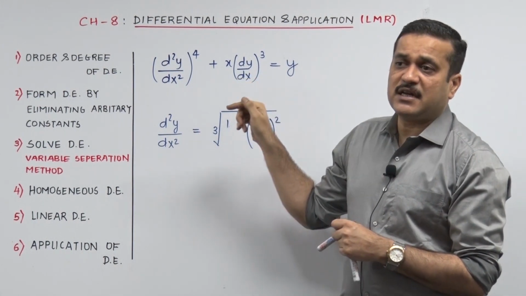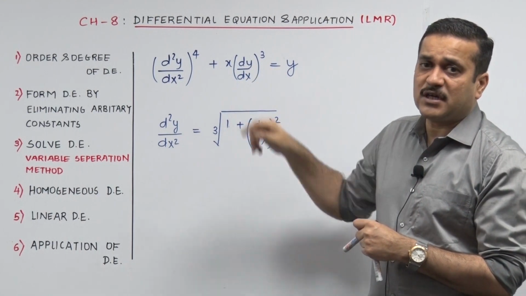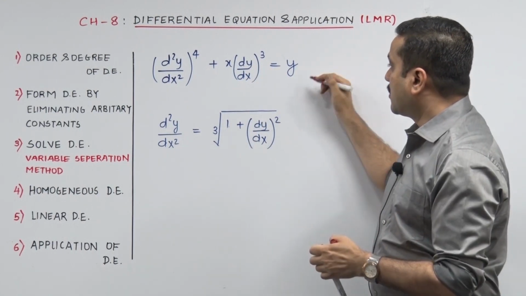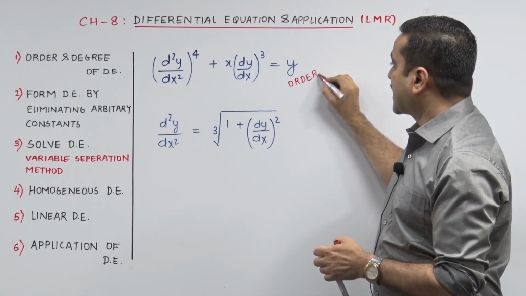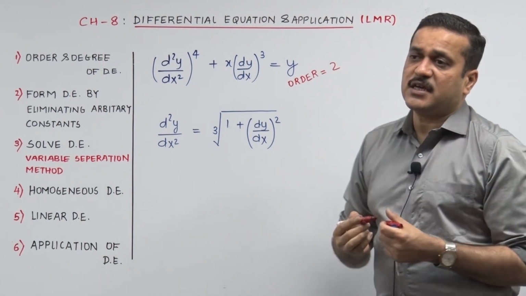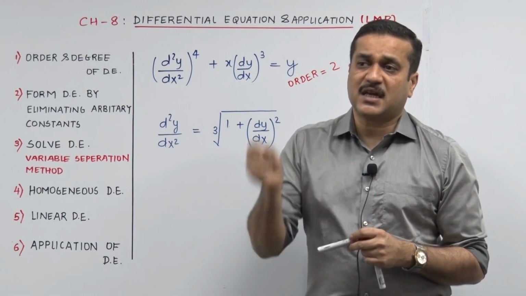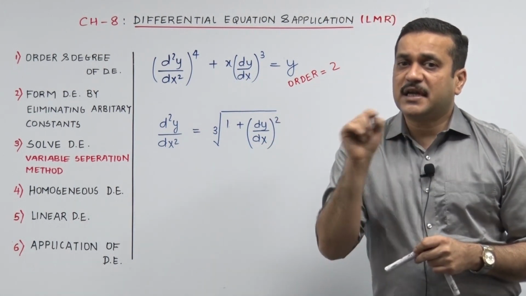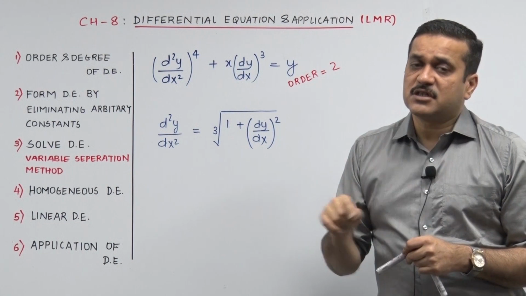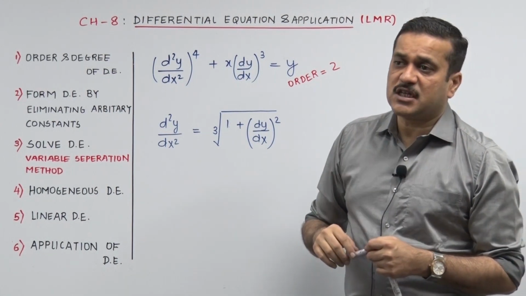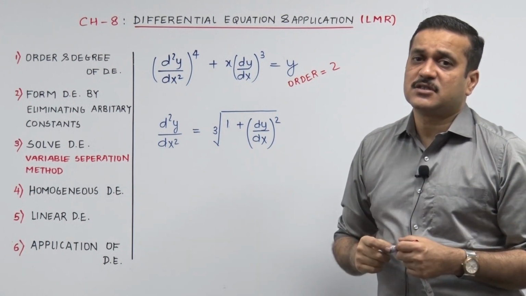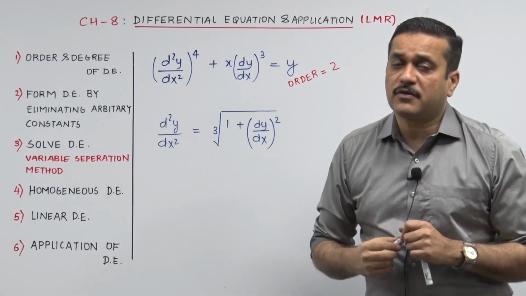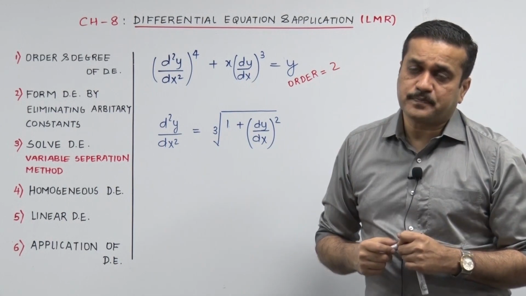So the highest order derivative involved is the second order derivative, and therefore the order of the differential equation is 2. Can I repeat the line? The highest order derivative in the differential equation becomes the order of the differential equation. In the first one, the highest order derivative involved is the second order derivative, and therefore the order of the differential equation is 2.